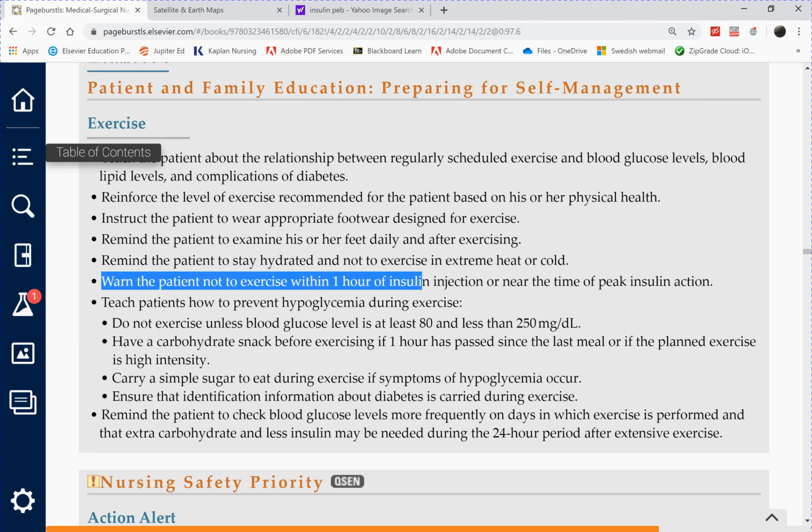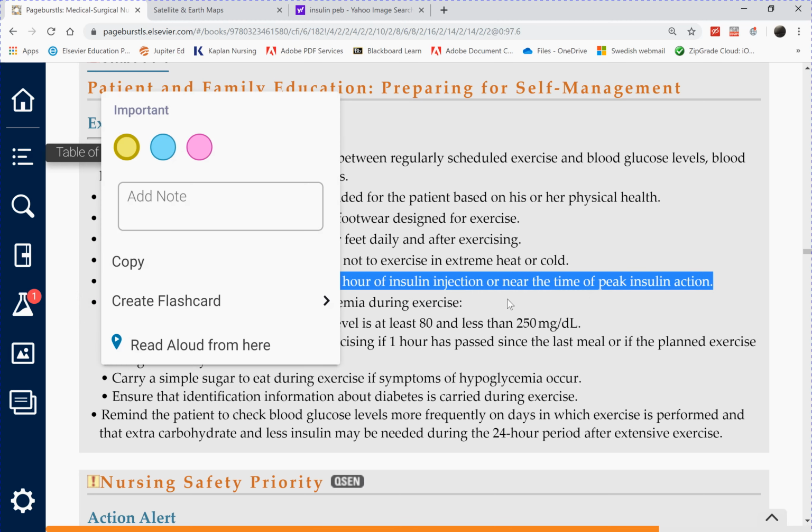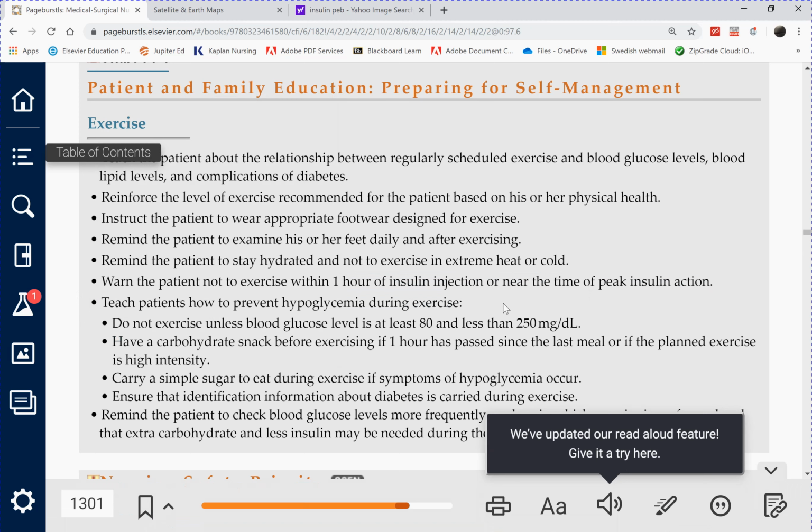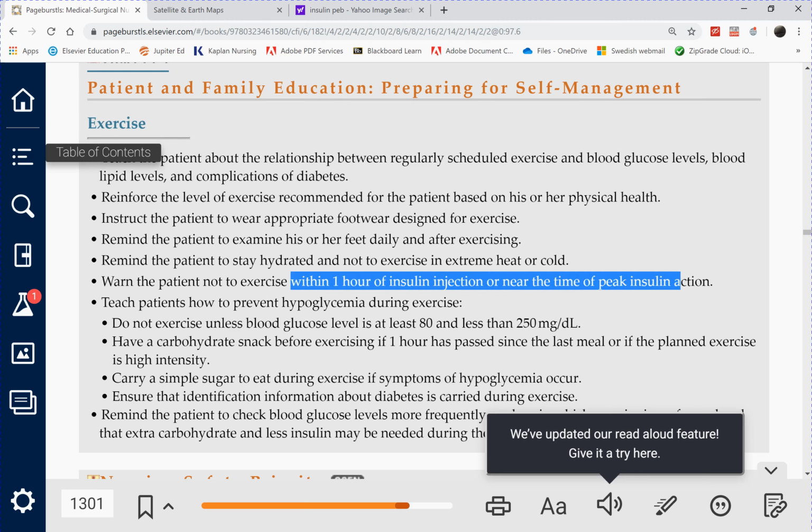One is warn the patient not to exercise within an hour of insulin injection or near the peak insulin action. Obviously, because exercise causes you to burn sugar, and also makes your muscles more sensitive to insulin. So since insulin peaks at this time, it's not advisable to exercise at that point, because that will further trigger or result in hypoglycemia.